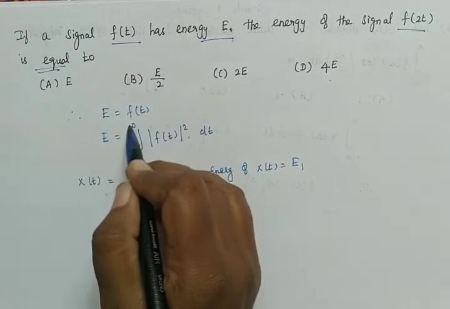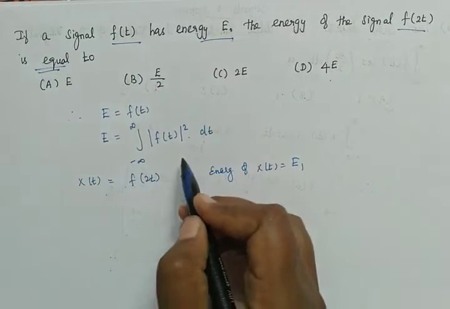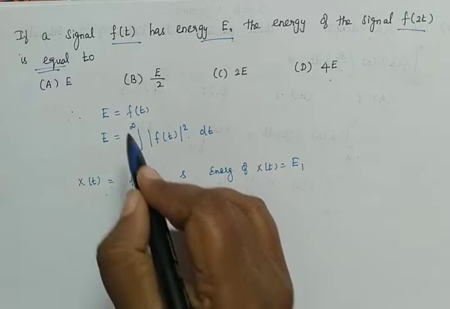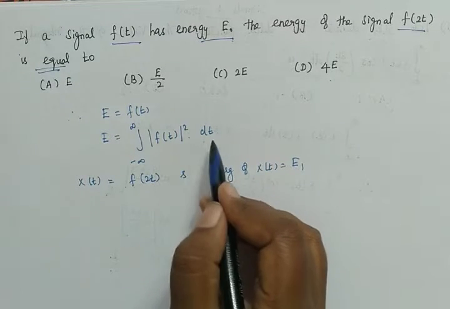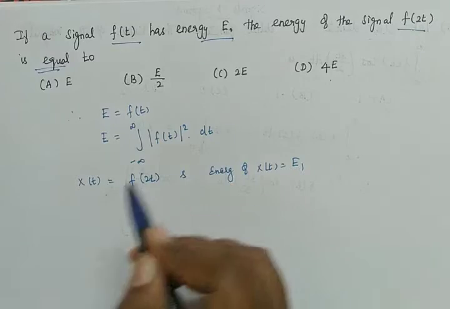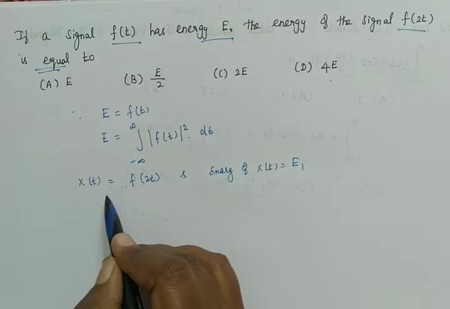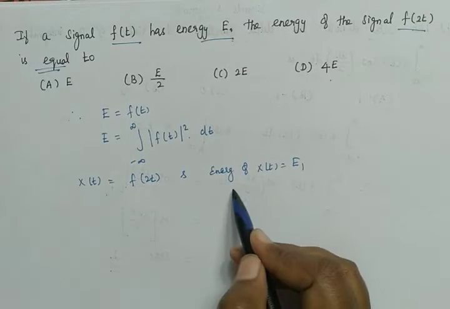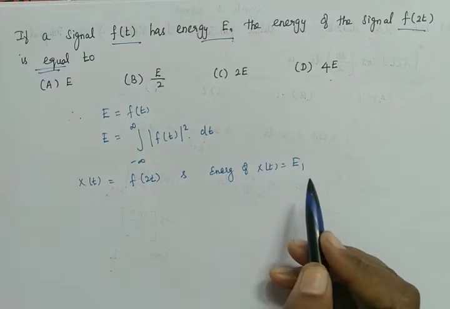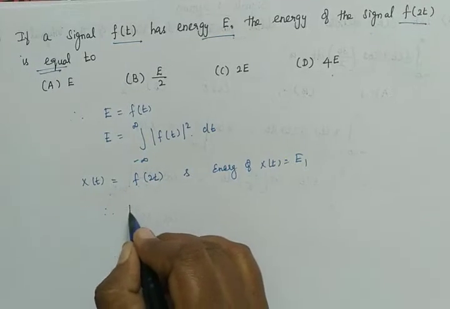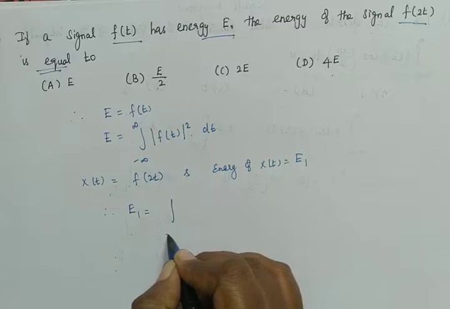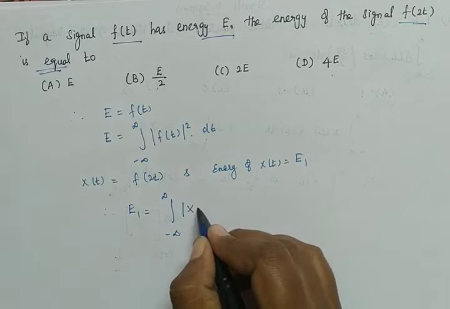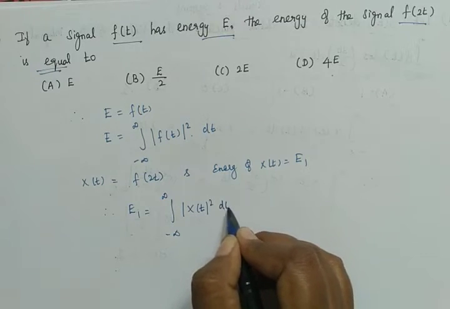In the question they have mentioned the energy E of f(t), and we know E is the integral from minus infinity to plus infinity of f(t) the whole squared dt. Therefore we can write E1 as the integration from minus infinity to plus infinity of x(t) the whole squared dt.